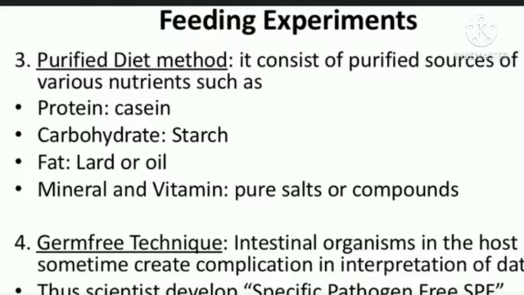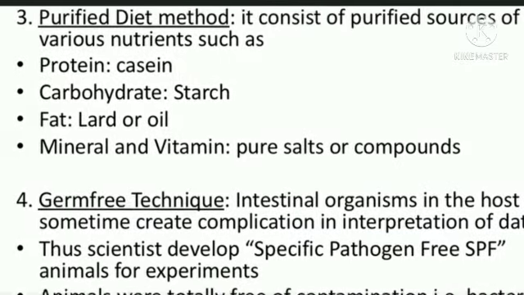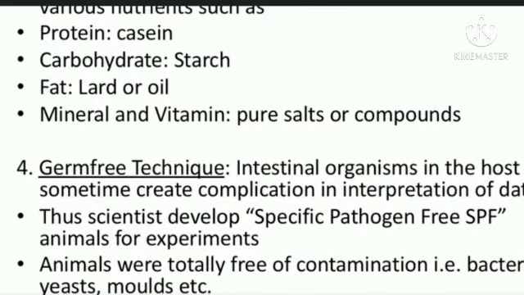So we take specific pathogen-free animals. Usually these specific pathogen-free animals, SPF, are developed nowadays in the case of laboratory animals. But in large animals or small ruminants, we can't create such a line, that is an SPF line.